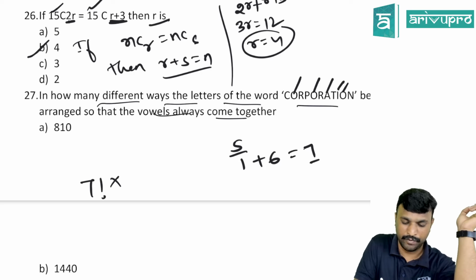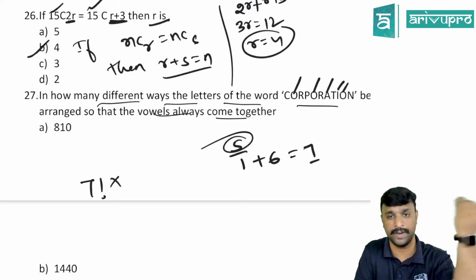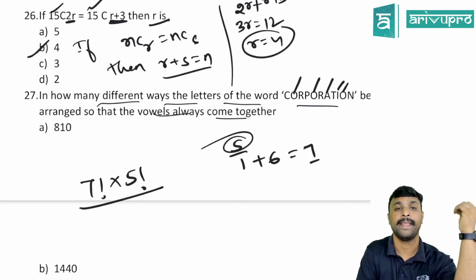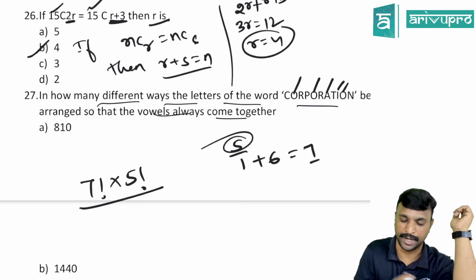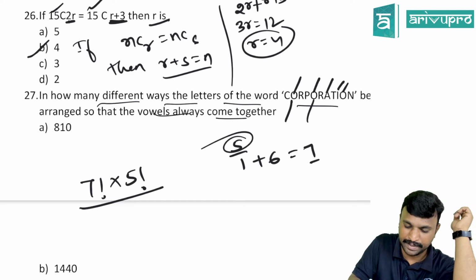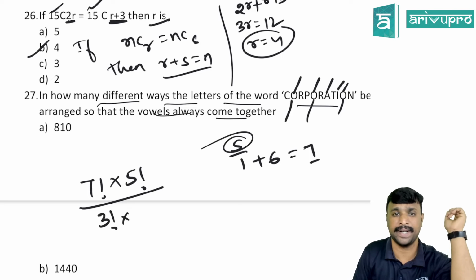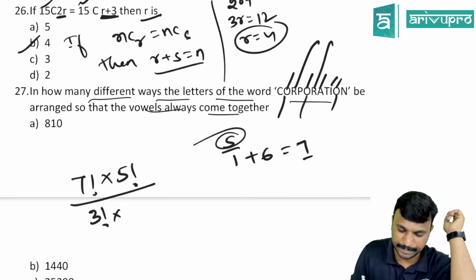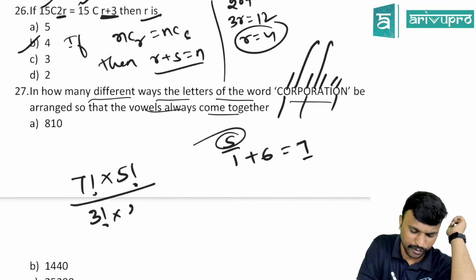The 5 vowels together can be reshuffled among themselves in 5 factorial ways. Divided by, we have to take care of the repetition. You can see O has repeated 3 times, so divide by 3 factorial. Is it just O which has repeated? No, it is even R. R has repeated 2 times, so 2 factorial.